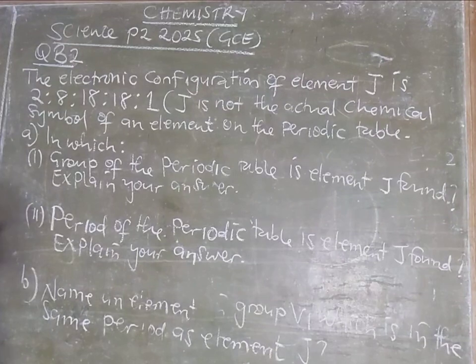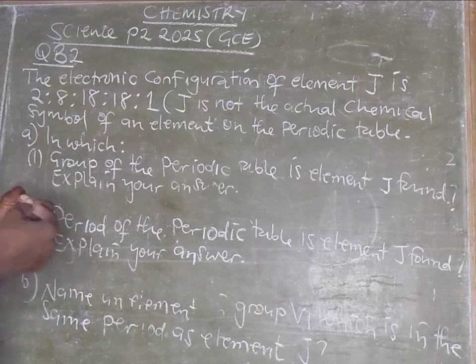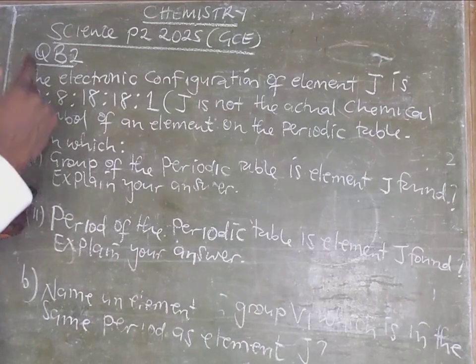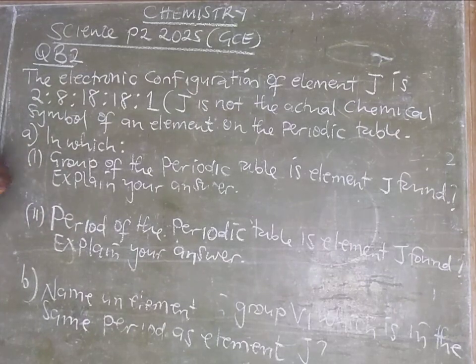So how are you going to determine the group? If you learned about electron configuration, we know that the electrons in the outermost shell determine the group number of that element. So that is one of the key statements that you should take note of.